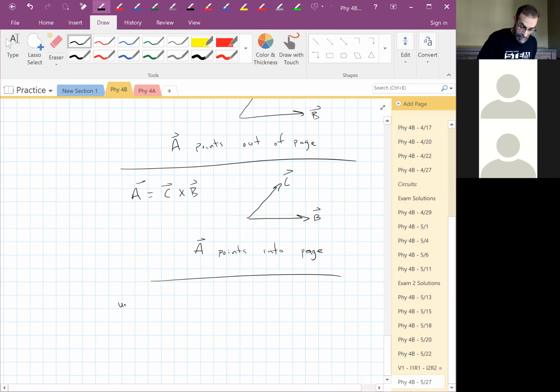Units for magnetic field. Tesla. Capital T is the symbol.